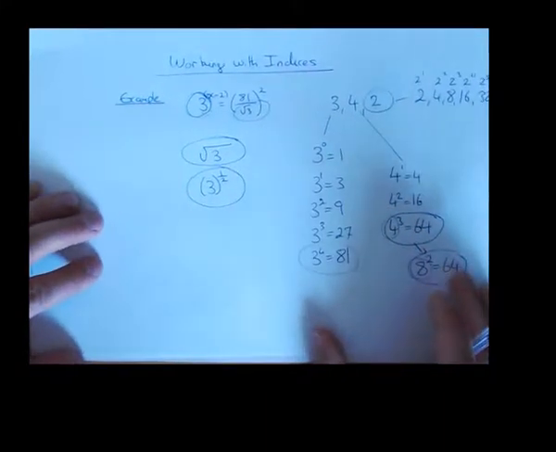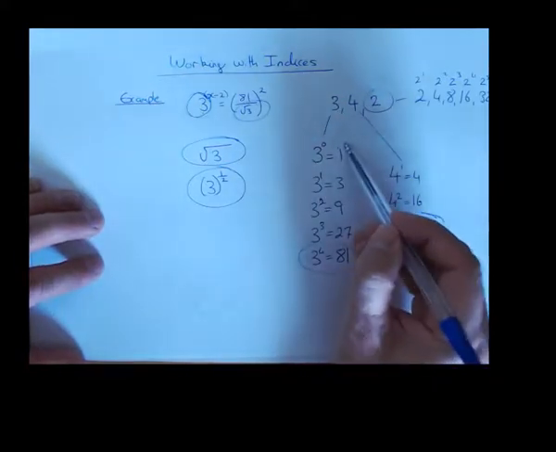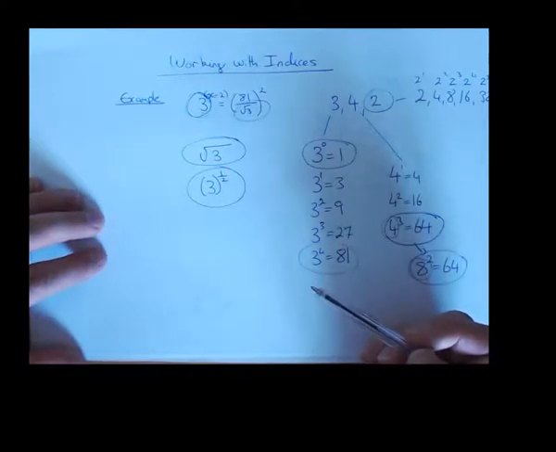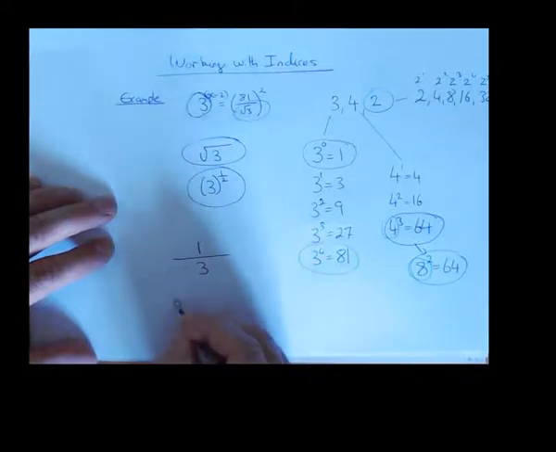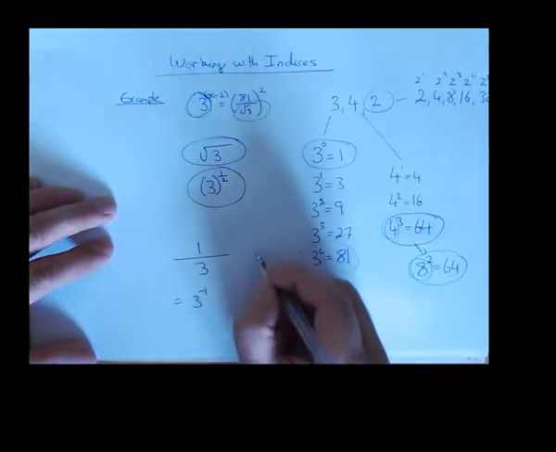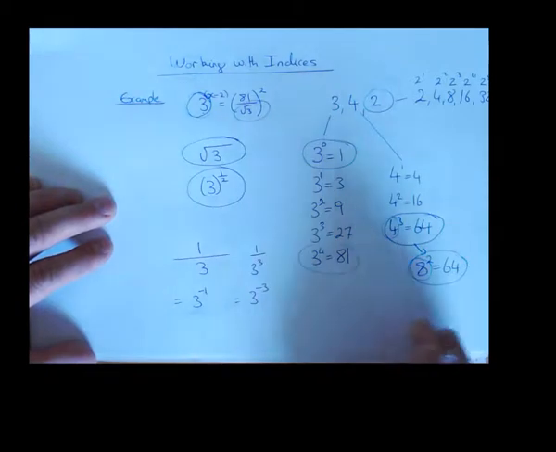What sort of things do we replace? We replace 3. Any base, remember 1 can always be written as a base to the power of 0, so that might help. Also remember 1 over 3 is equal to 3 to the power of minus 1. Also 1 over 3 cubed is going to be equal to 3 to the power of minus 3.